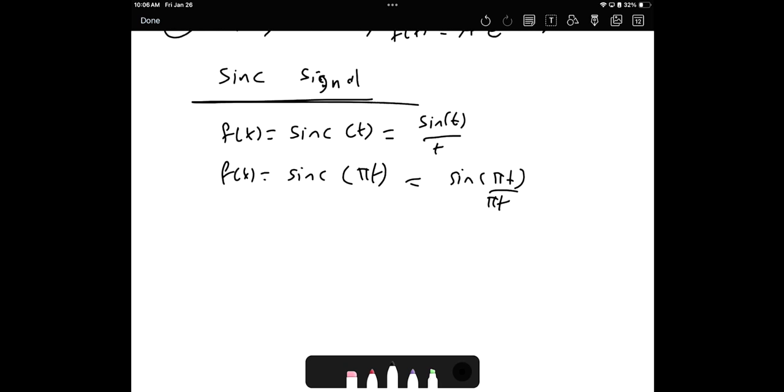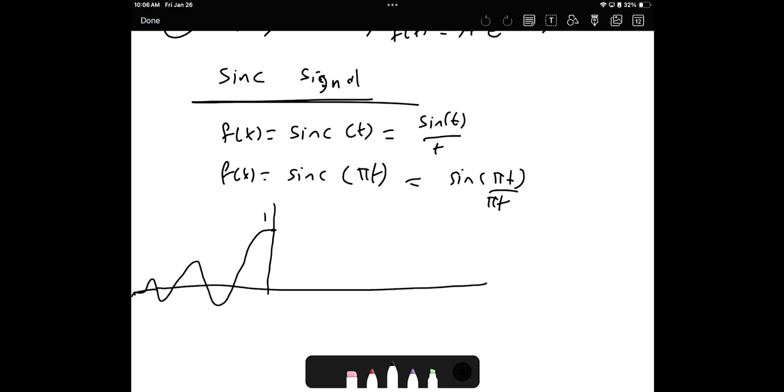How to plot this? So the sinc function will start here at 1, then it will decay.